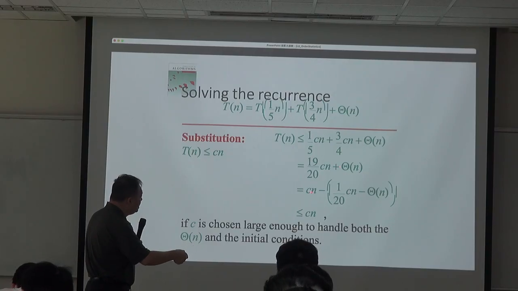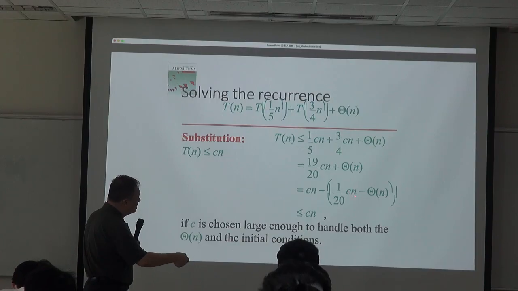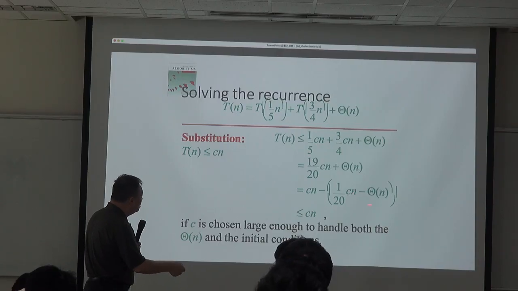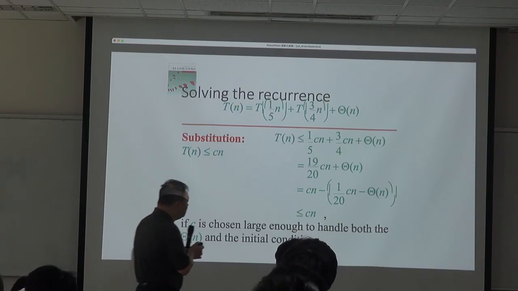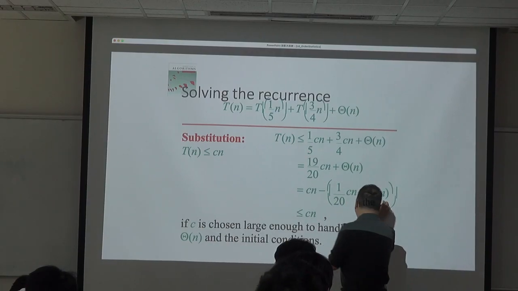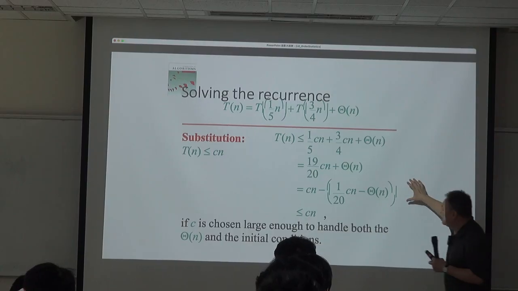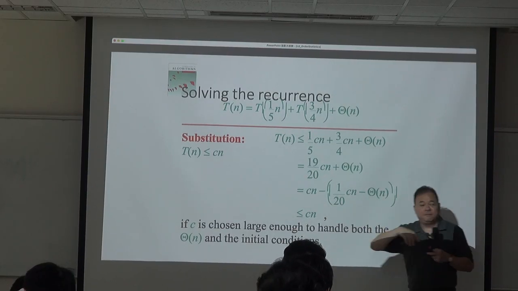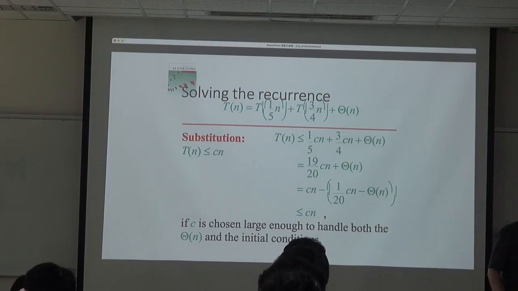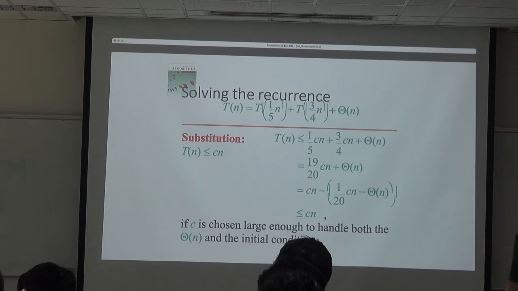So it's going to be Cn minus 1/20 Cn plus theta(n). As long as you make C large enough for this term to dominate the other one, then this is going to be smaller or equal to Cn. So we know the whole thing must be bounded by linear time, right?